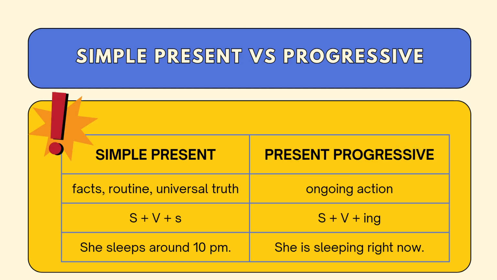Do not get confused with simple present tense and present progressive tense. Simple present tense is used only to describe a fact or a routine or a habit or a universal truth. For example, she sleeps around 10 p.m., which is her routine. There is no change there. So you use simple present tense for that.